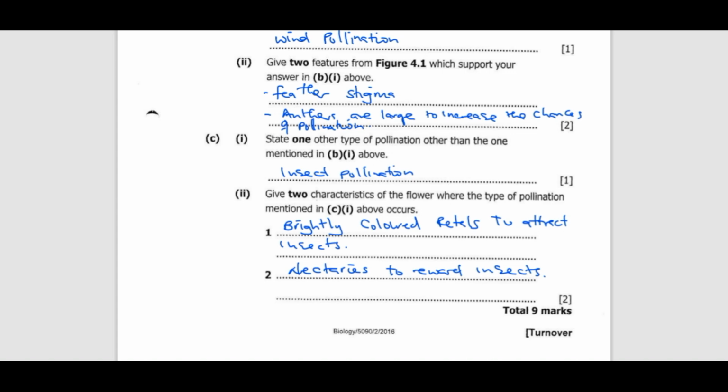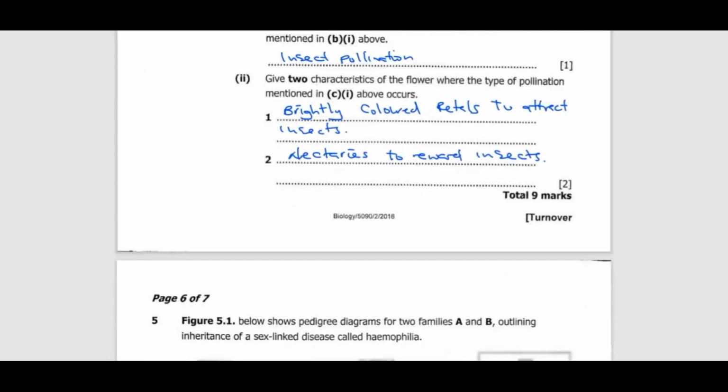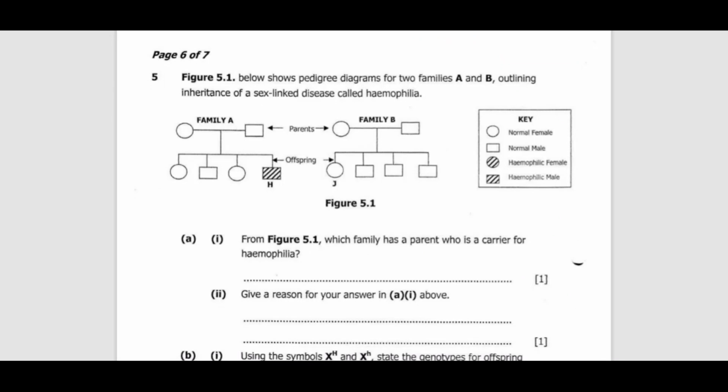Okay, so we move to question 5. Figure 5.1 below shows pedigree diagrams for two families A and B, outlining inheritance of a sex-linked disease called hemophilia. So we have family A and then we have family B. So these are parents and then offspring. Now we have H and J. And then the key is very important.